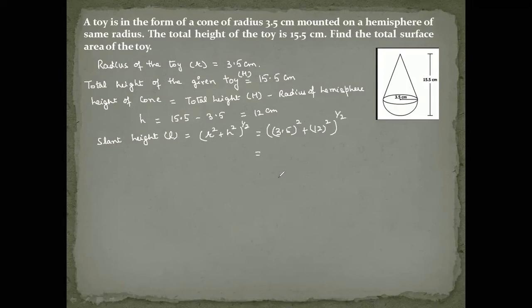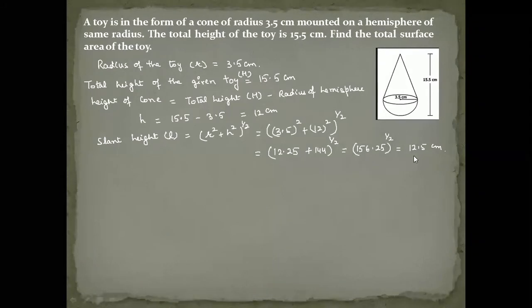So what will be the value? Let us find out. Here 3.5 square is 12.25, 12 square is 144, and when we add these values we have 156.25. Take the square root, so 12.5 centimeter. So that is the slant height, that is L.